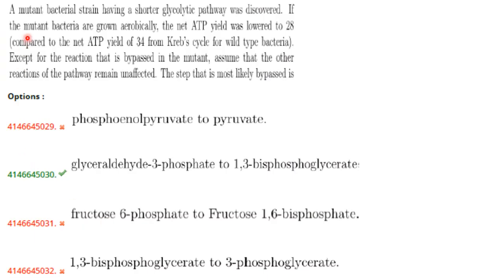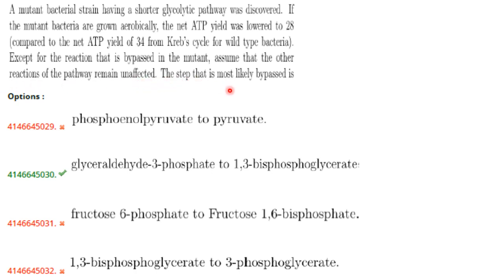Then next one. A mutant bacterial strain having a shorter glycolytic pathway was discovered. If the mutant bacteria are grown aerobically, the net ATP yield was lowered to 28 compared to the net ATP yield of 34 from Krebs cycle for wild-type bacteria. Except for the reaction that is bypassed in the mutant, assume that the other reactions of the pathway remain unaffected.